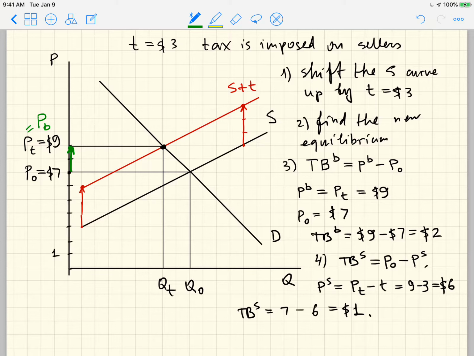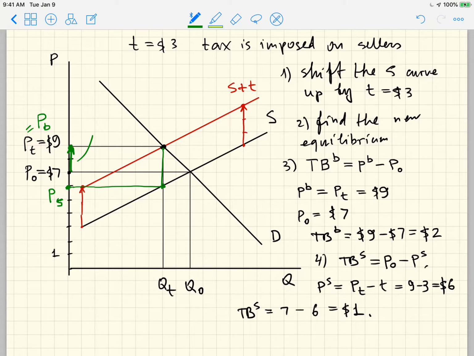So this is PT, $9 is PT, and minus tax, which is 3, takes us down if you go from this point to this point. So this is PS, which also happens to be PT, this thing, right? Minus the tax, which is $3. This is how we get PS, and this is where we can see it on the diagram.